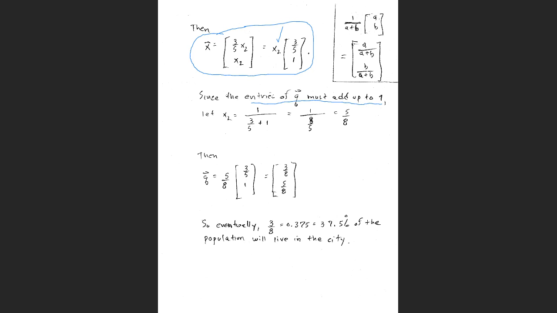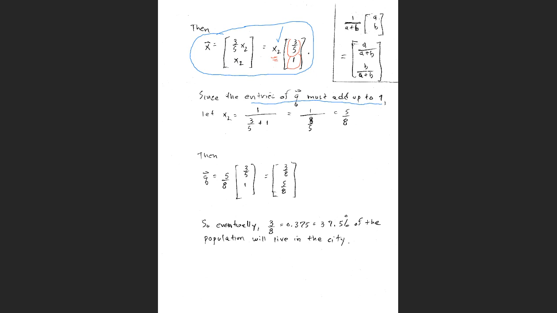So x2 is a free variable, but for this application, I have to pick a specific value for x2 that'll make the entries in this vector add up to 1.